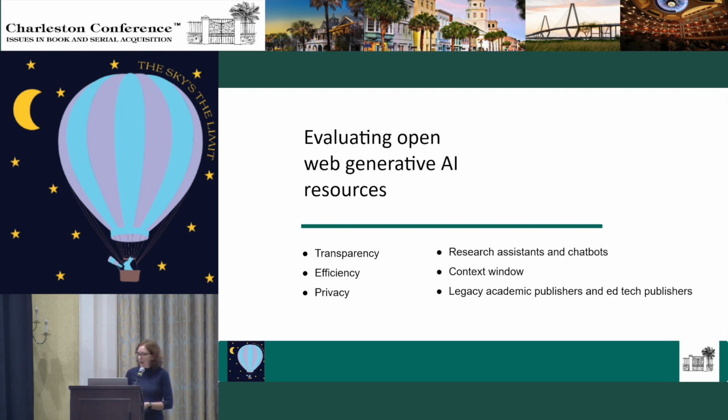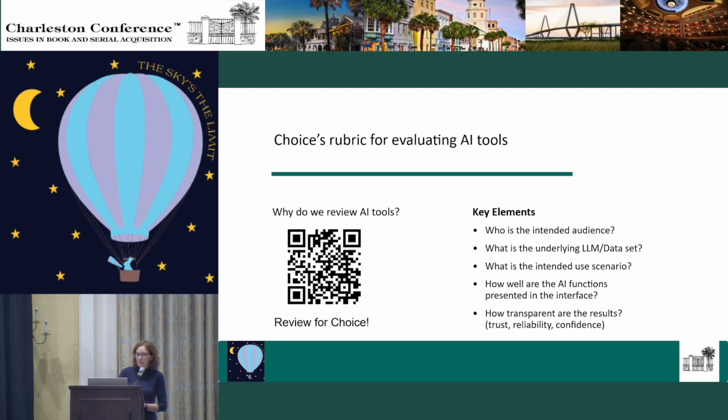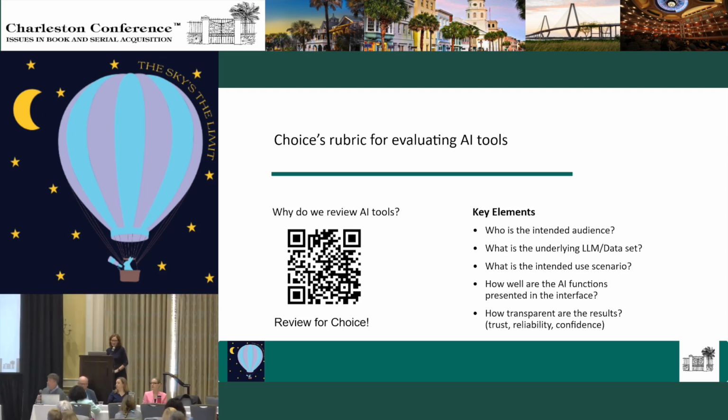So I'm going to pass it over to Bill, who's going to talk about the work we've been doing at Choice in terms of helping you think broadly about subscription-based AI tools and how to make those buying decisions. Okay, good afternoon, everybody. So a little bit about Choice, if you're not already familiar. We're a publishing unit of the Association of College and Research Libraries.